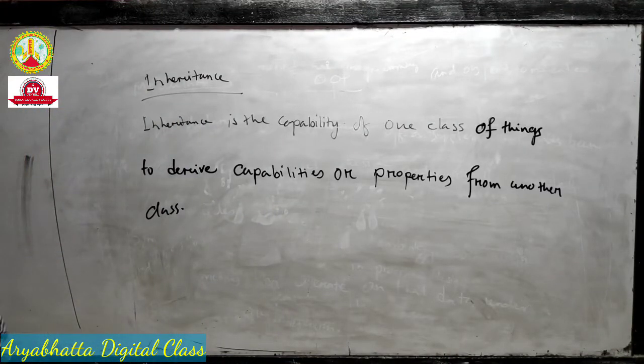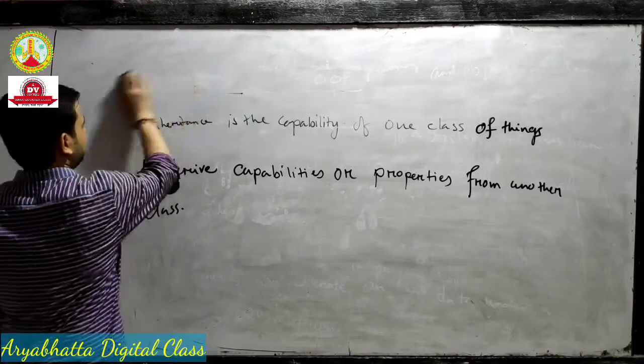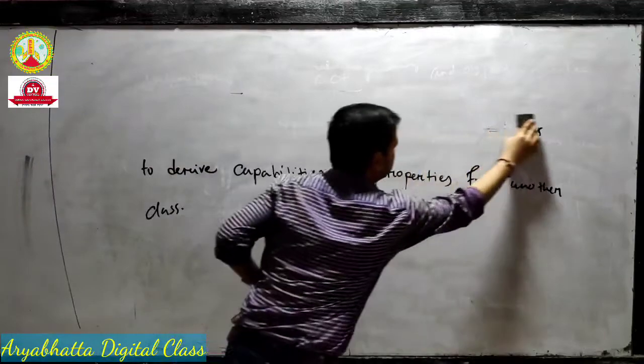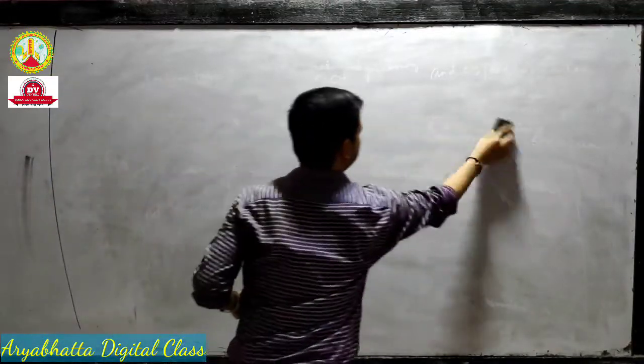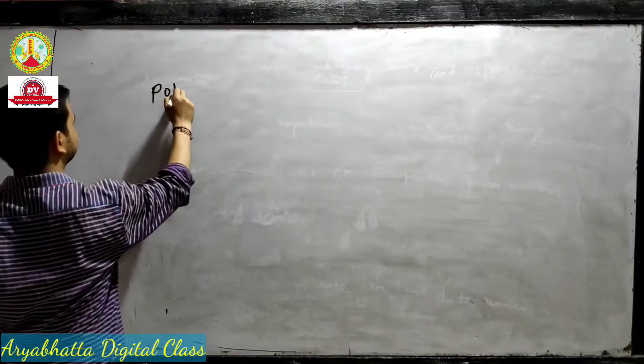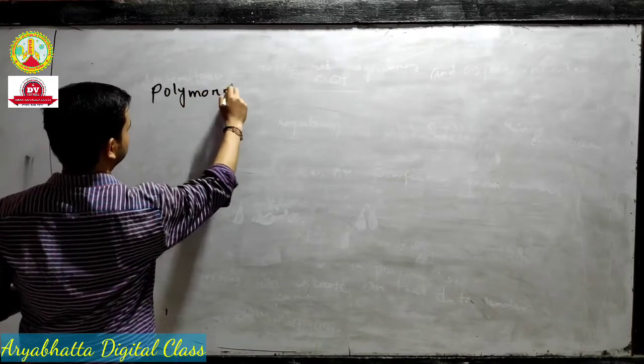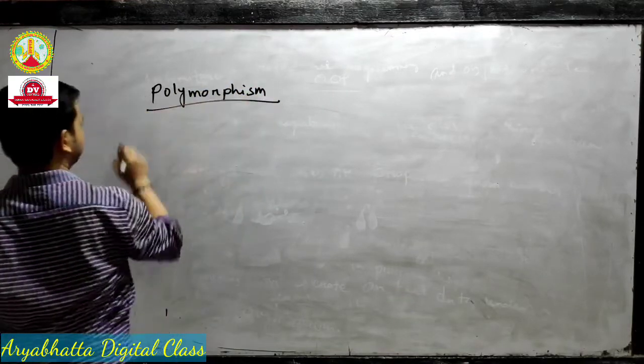And last one is polymorphism. The last one is very important, polymorphism.